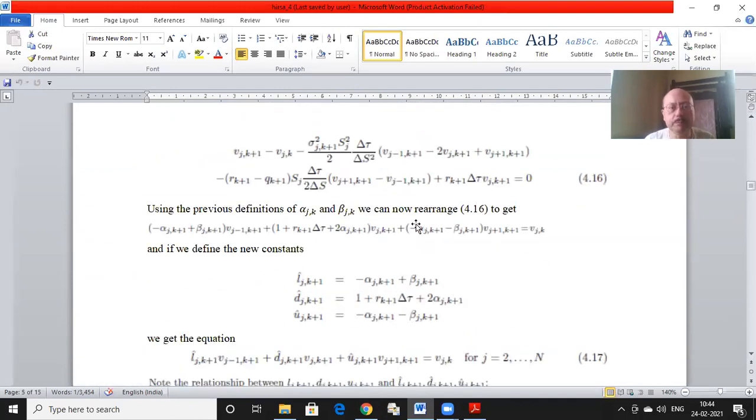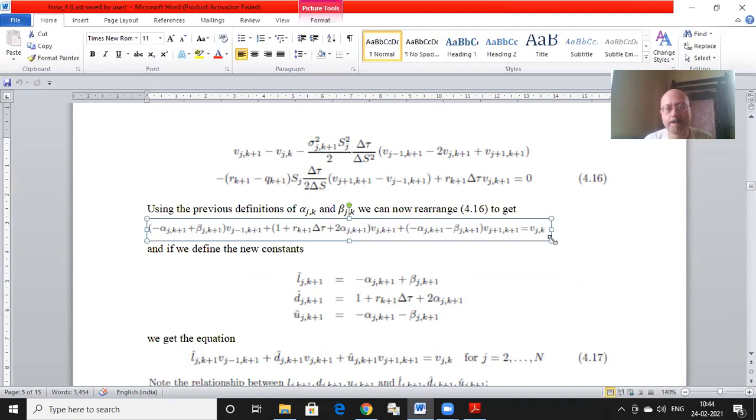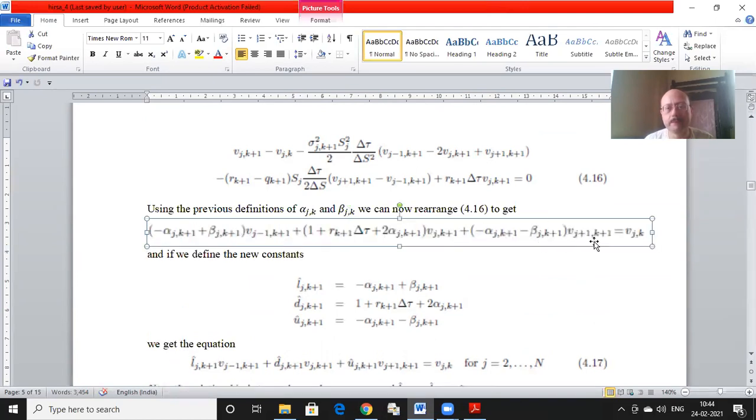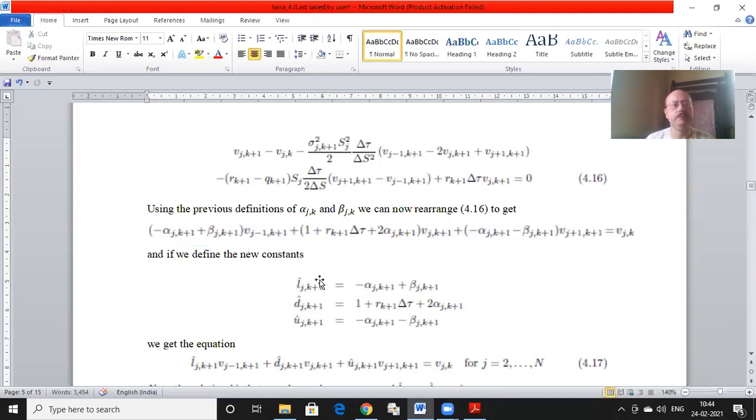Using those symbols, what I have is this equation here. I think I will make it slightly bigger. So using the alpha and beta symbols, the equation 4.16 becomes like this, where the subscripts are adjusted because we are now doing backward difference.